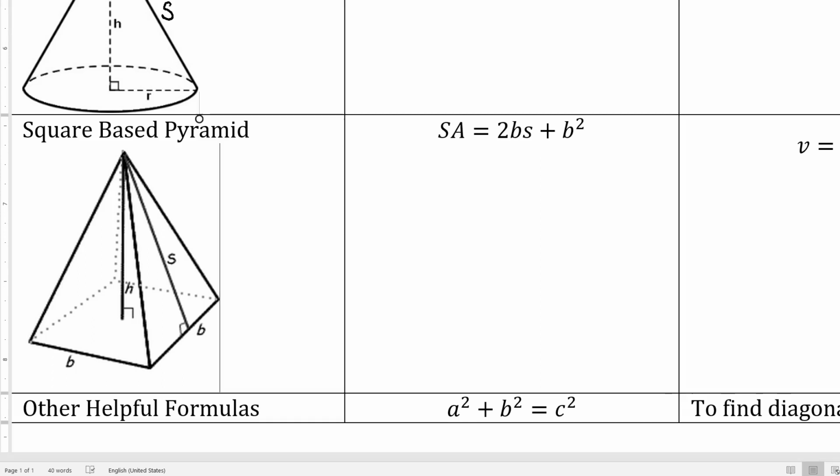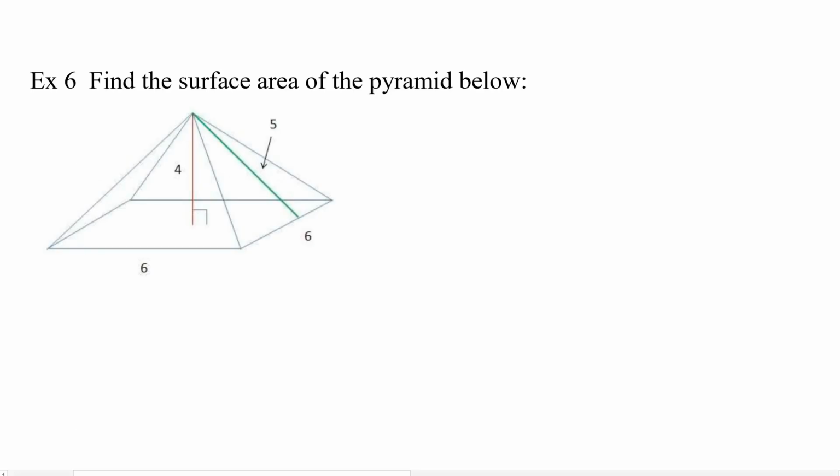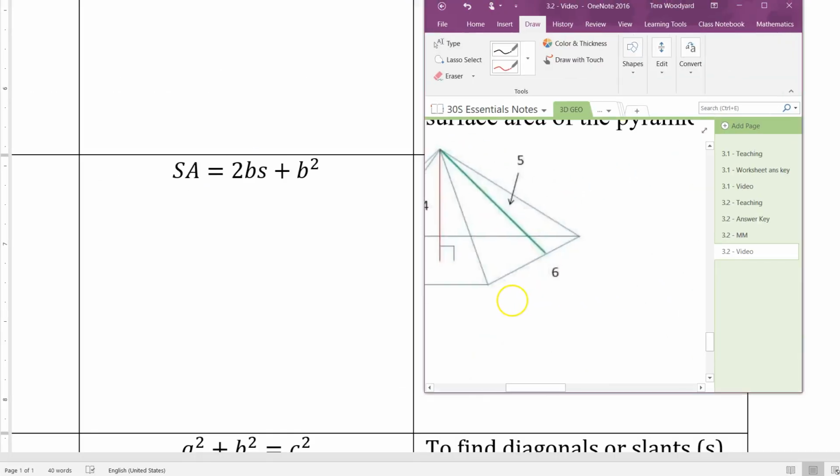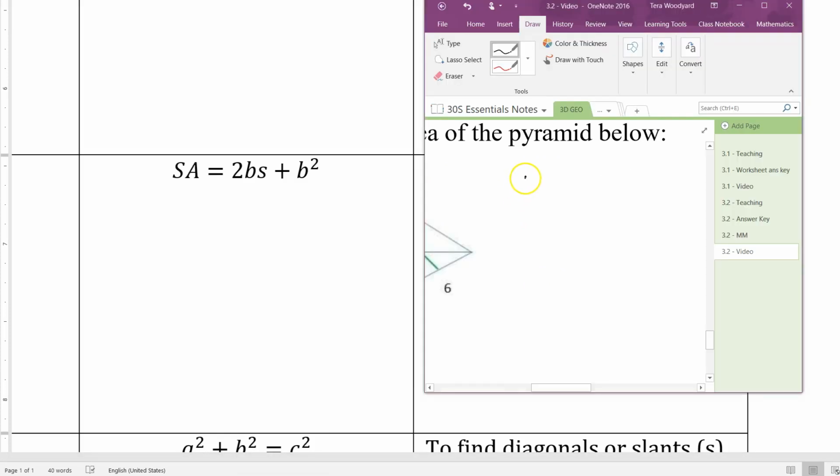So the B is always our base, and the S is kind of like on our cone, it's the slant height. So I'm just going to move this over here and make sure that I copy down the formula. So surface area equals 2BS plus B squared.